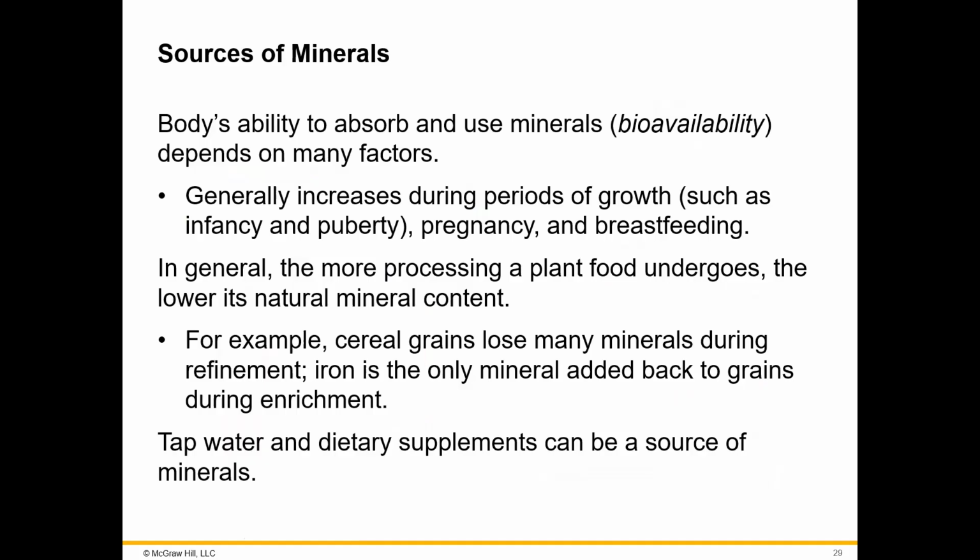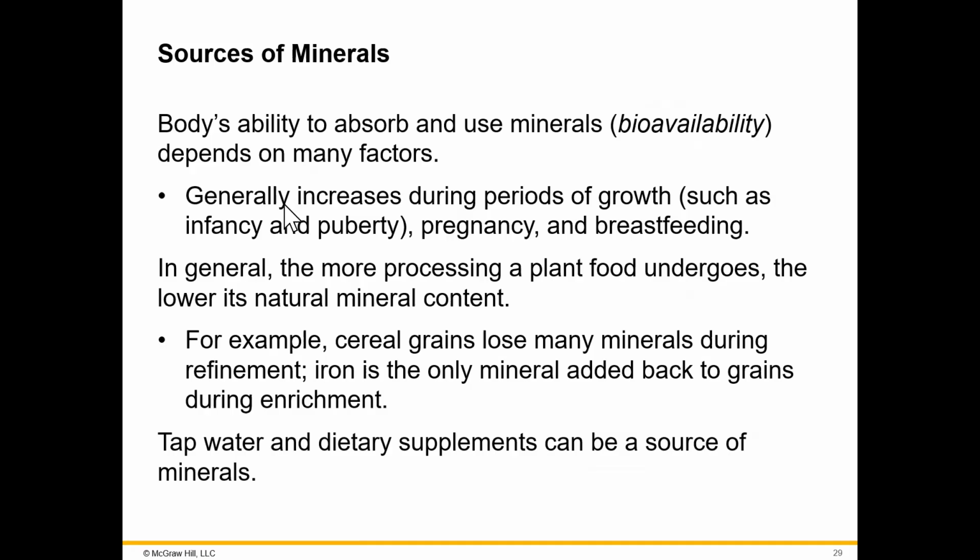You see, minerals are measured in milligrams or micrograms. We need the usual smaller amounts. You see here, and minerals also vary on what we call bioavailability, the body's ability to absorb these minerals because of certain absorption factors.